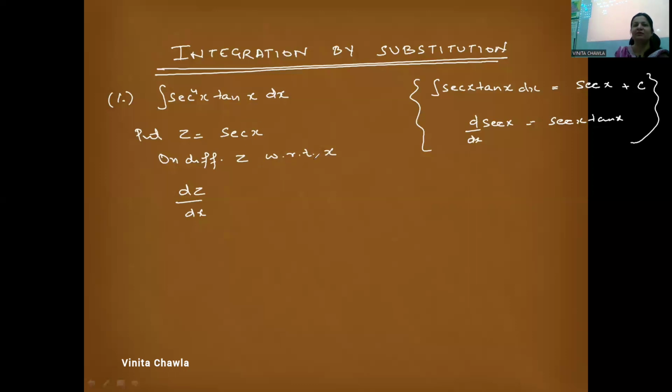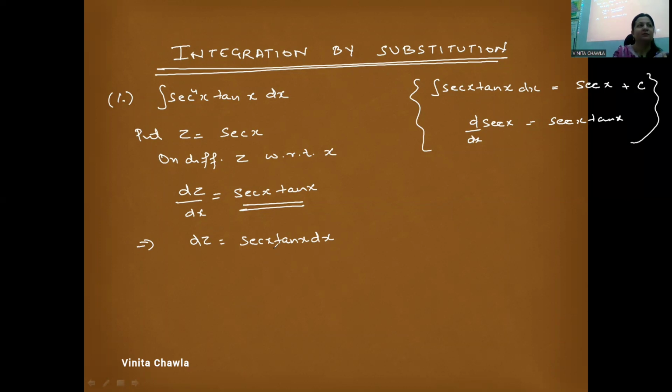Now on differentiating z with respect to x, what will we get? We'll get sec x tan x, right? Okay. So we can write dz as sec x tan x dx.